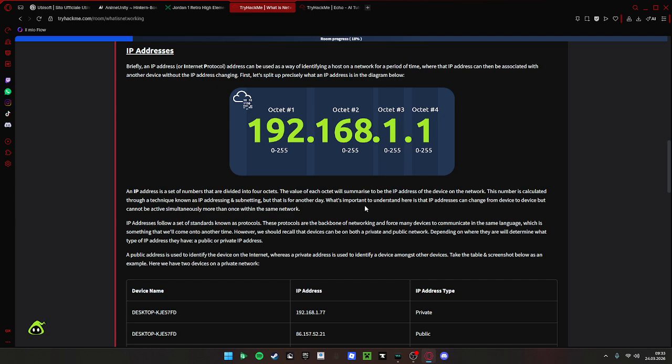What is important to understand is that an IP address can change from device to device, but cannot be active simultaneously more than once on the same network. IP addresses follow a set of standards known as protocols. These protocols are the backbone of the network and force many devices to communicate in the same language, which is something we will come onto another time.